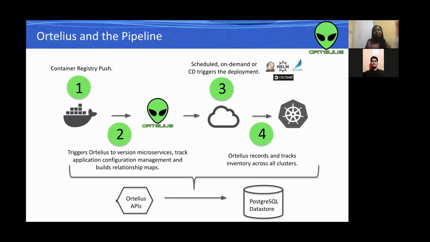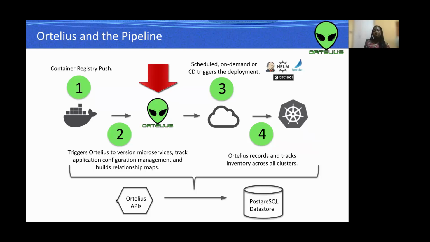Finally, this is the Ortelius pipeline. Stage one shows that there's a container registry push. So the clients have the microservice deployed, pushed to the container registry, and then it goes to Ortelius.